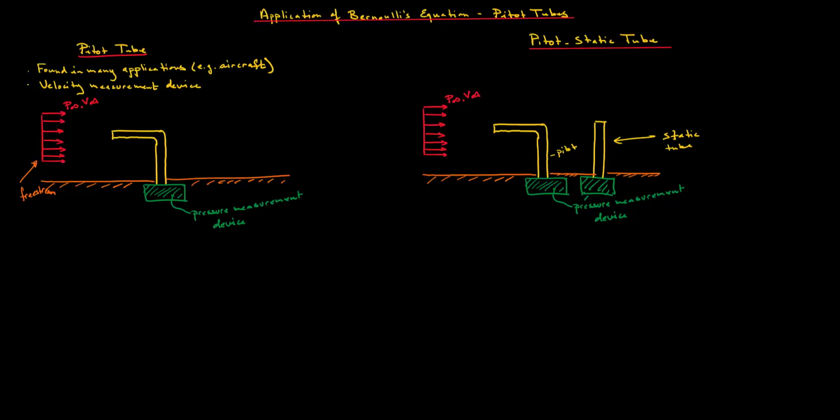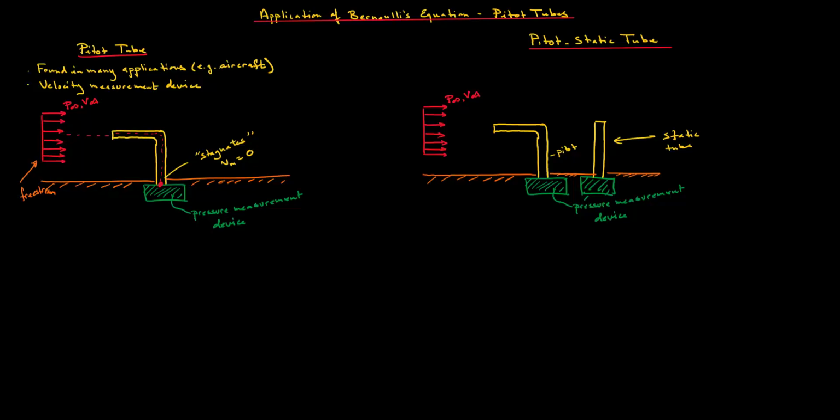And the fluid enters the pitot tube. If we consider a streamline, it will stagnate over here. And what we mean by stagnate is that the velocity goes to zero.